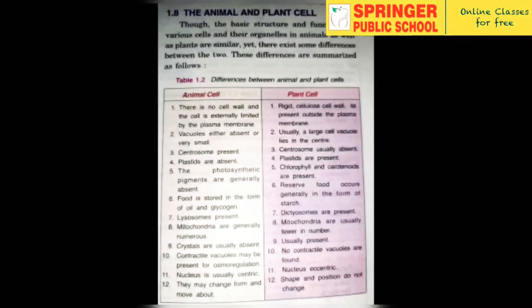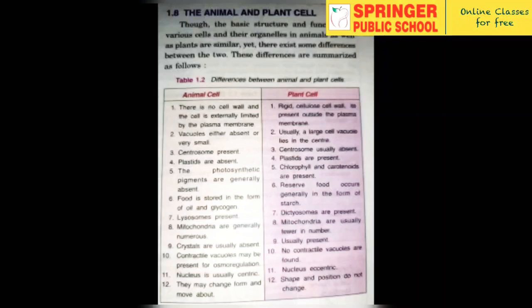Another structure is the centrosome. Centrosomes are cell organelles which help in cell division in the case of animal cells, but the centrosome is absent in the plant cell, and the function of cell division is performed by microtubules in the case of plant cells.